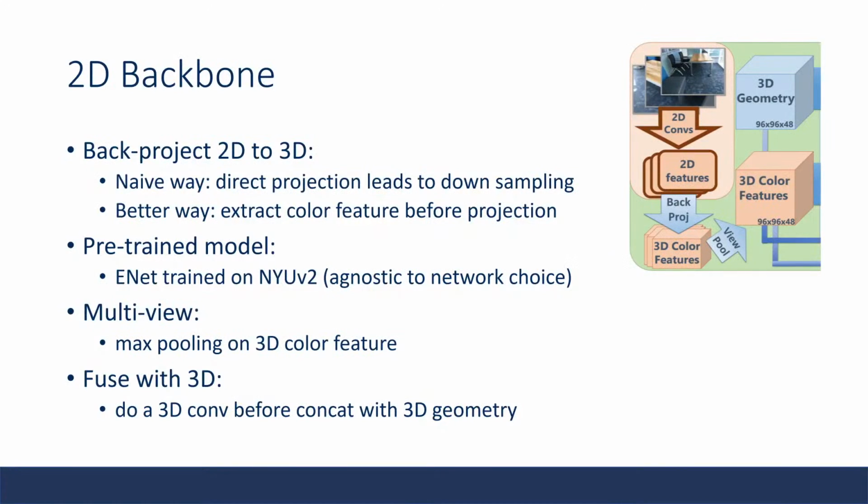To handle multi-view, they do max pooling on the 3D features instead of the 2D features, as the same 2D location doesn't actually map to the same 3D location in different pictures. The 3D color feature will later be concatenated with the 3D geometry features.